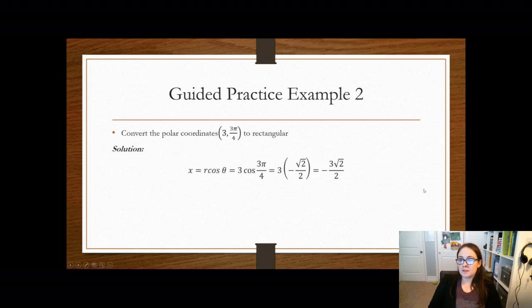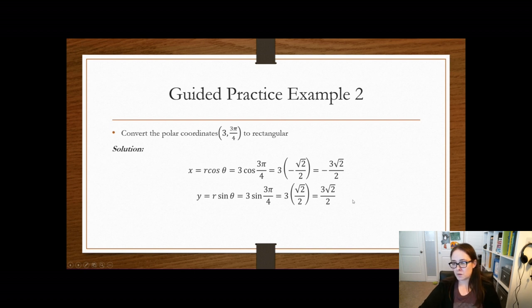So plugging that in to the formula for x, I get negative 3 root 2 over 2 for my x coordinate. And we do want to try and go with exact values whenever possible here. And then for the y, you just switch it to a sine function, and we get positive 3 root 2 over 2. So my coordinates, I can write as an x, y ordered pair there.